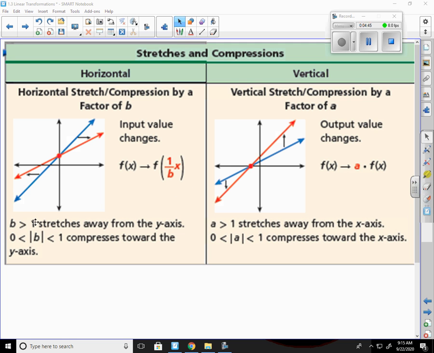So if the number going into b is greater than 1, then it stretches away from the y-axis. If the number is between 0 and 1, it's going to go towards the y-axis, or compress.